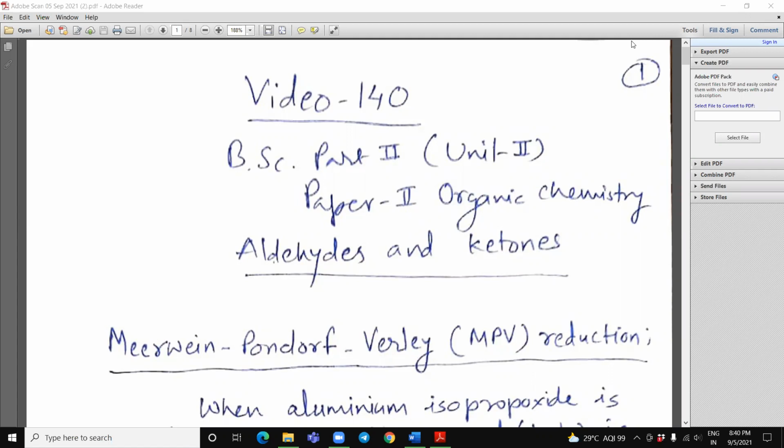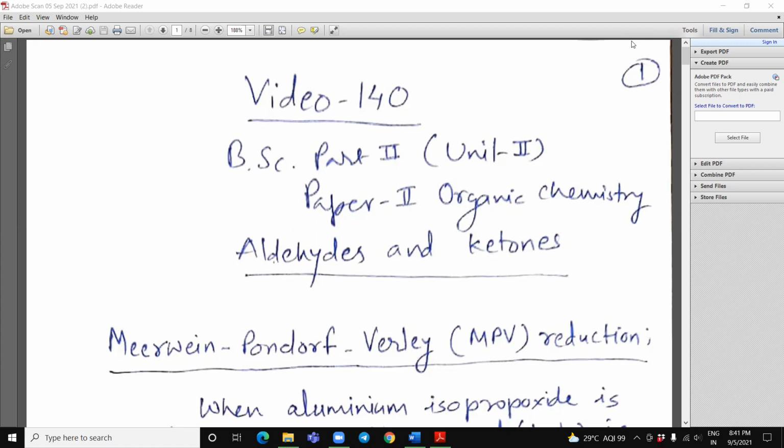In continuation of name reactions, today we will discuss some more name reactions like Meerwein-Ponndorf-Verley (MPV) reduction, Clemmensen reduction, Wolff-Kishner reduction, and an introduction to alpha beta unsaturated aldehydes and ketones. There are electrophilic and nucleophilic addition reactions.